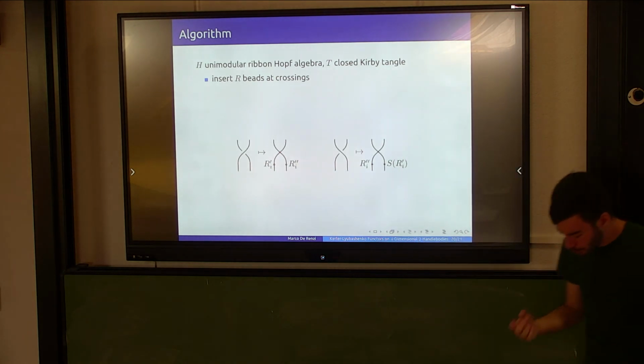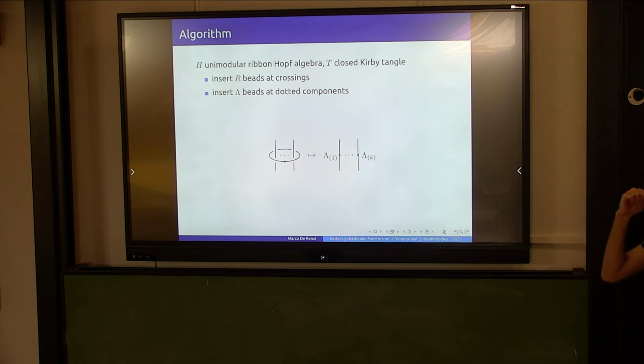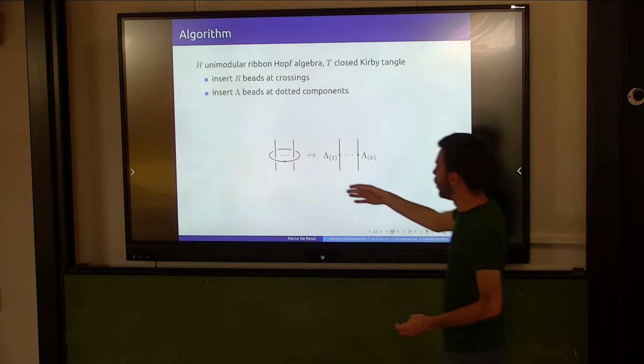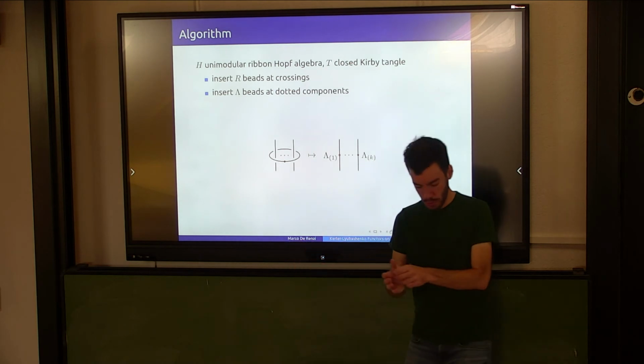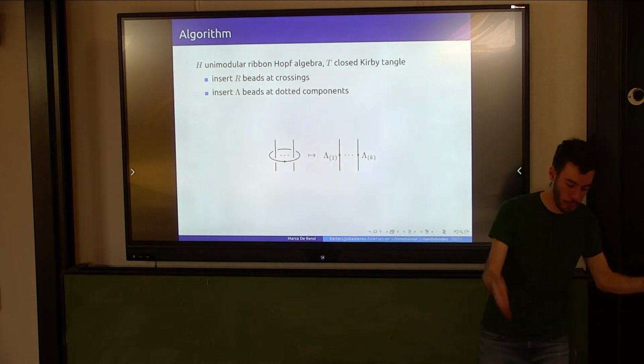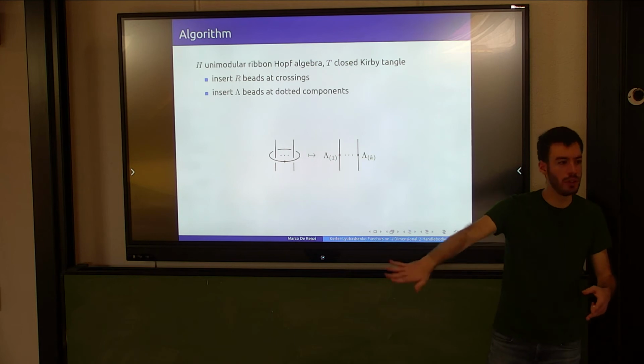Second thing we do is we insert beads labeled by tensor power, so co-products of the co-integral, replacing dotted components. So every time we have a dotted component, we arrange everything that pierces a disk for it.